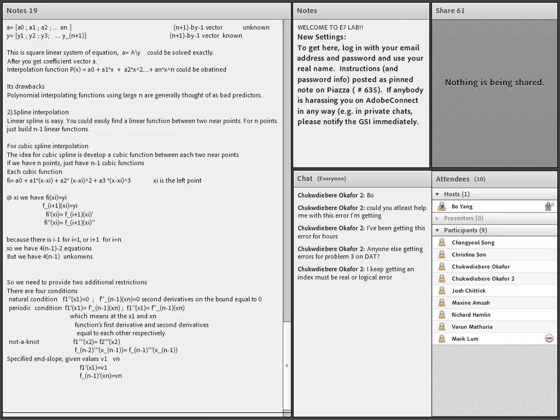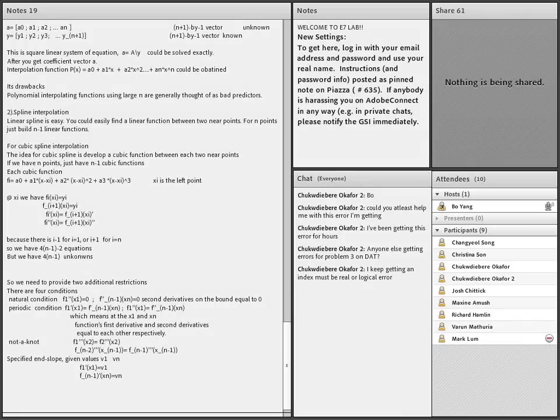For specified end slope, it's easy to understand. We just want to set the value of the end slope, say f1 prime and fn minus 1 prime at x1 and xn. So we give the end slope values and can develop two equations.